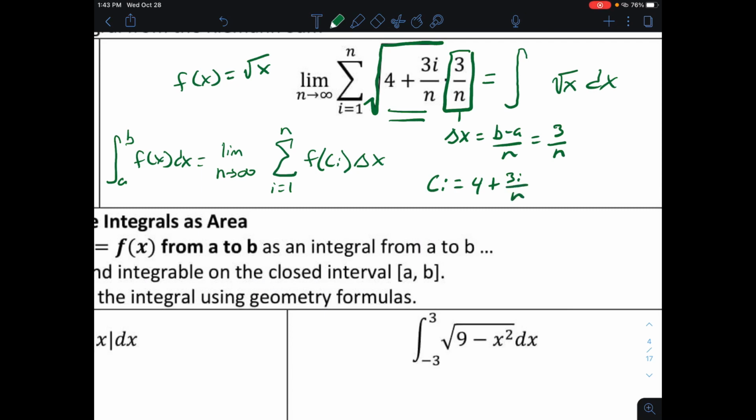And the 3i over n part is basically my spacing, which is telling me that 4 is my lower limit of integration. It's going to go there on the bottom. So now that I know that that's 4, the space from start to finish was 3, so the upper limit is 7. Here is my definite integral represented by that limit.